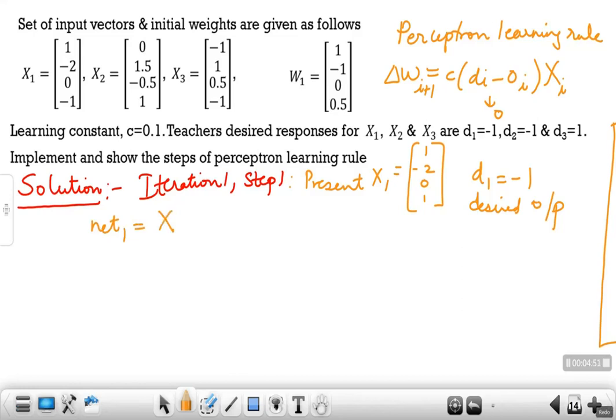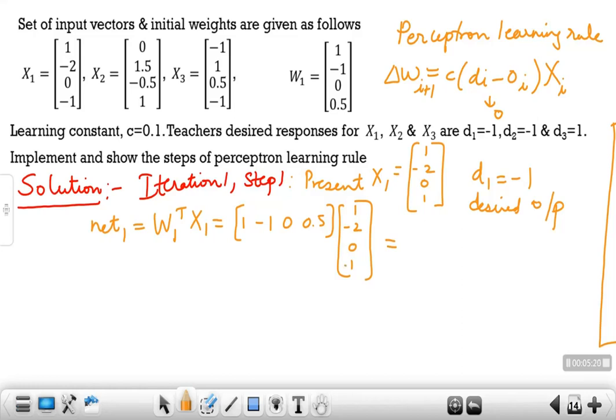So when we present it, the first step is to calculate net 1. What is net 1? Net 1 is W1 transpose into X1. W1 transpose is 1, minus 1, 0, 0.5, into X1, which is 1, minus 2, 0, 1.